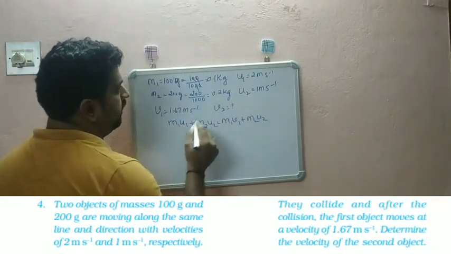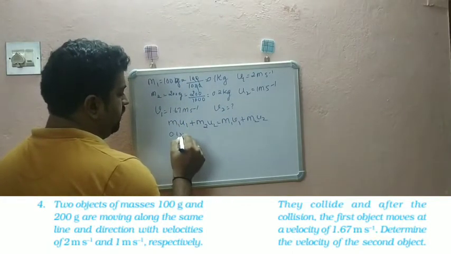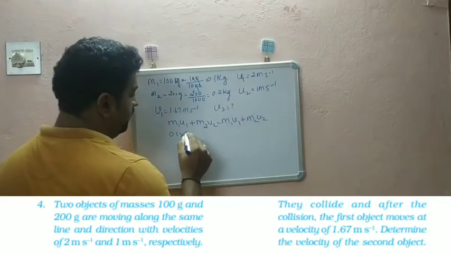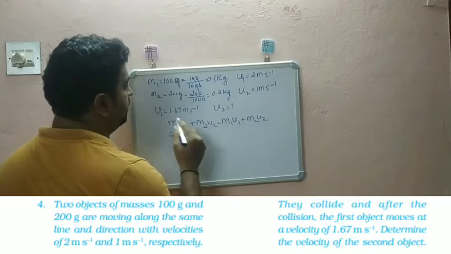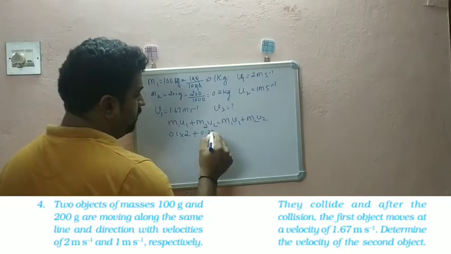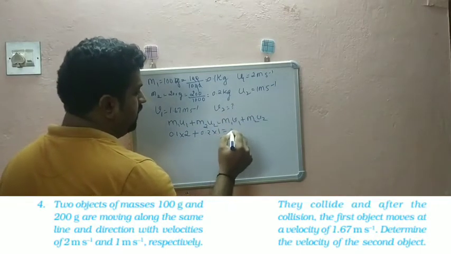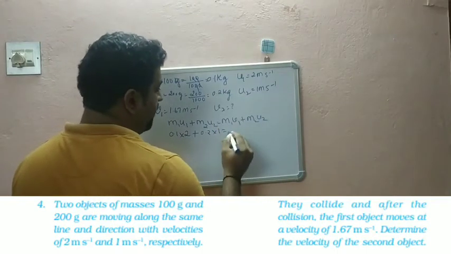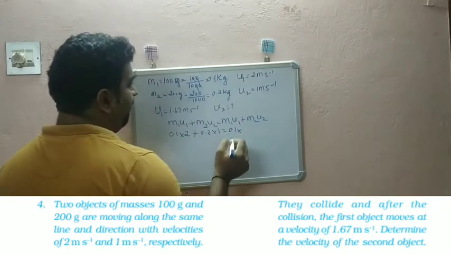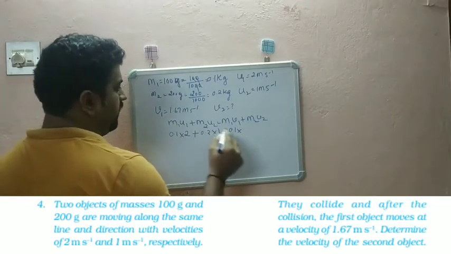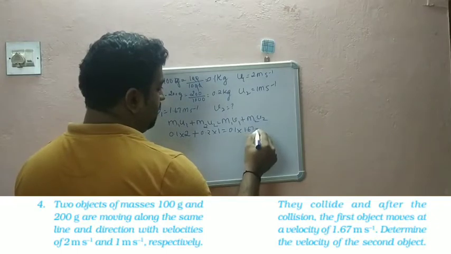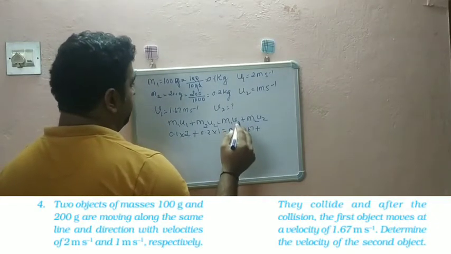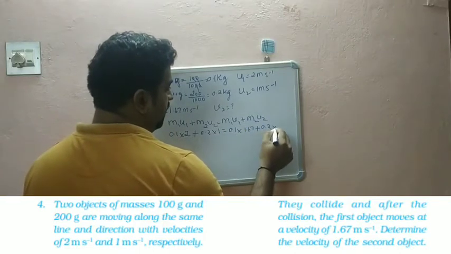M1 is how much? M1 is 0.1 into U1, which is 2, plus M2 is 0.2 into U2, which is 1, is equal to M1, 0.1 into V1. V1 is given, 1.67, plus M2, 0.2 into V2.